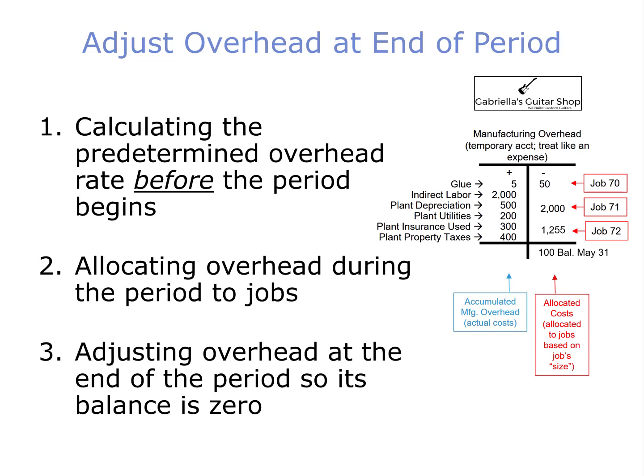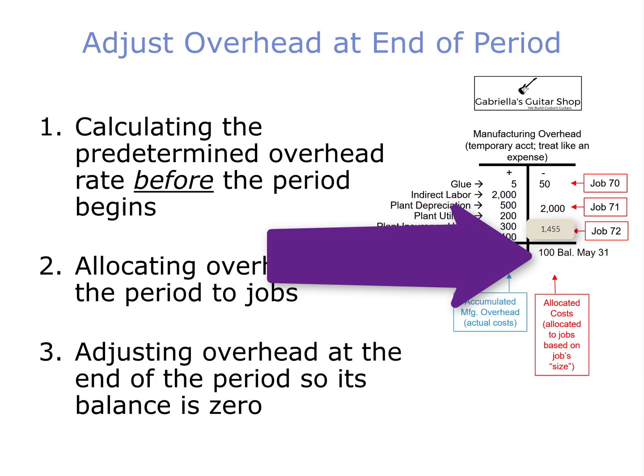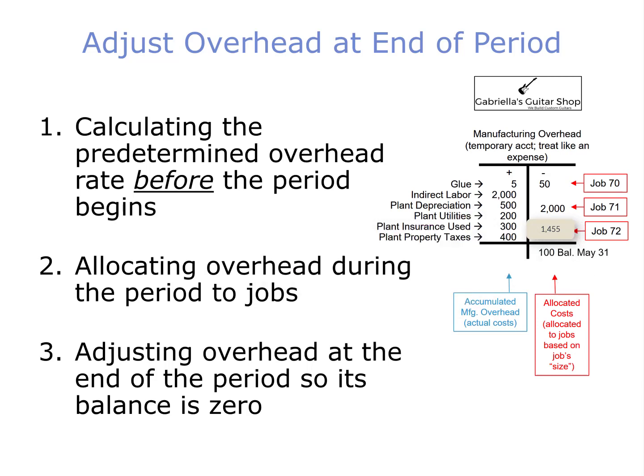Now you may be wondering, what if some of the numbers changed and we had a credit balance in the overhead account at the end of the period instead of a debit balance? That means our estimate was off, which it almost always is, but in this case we overallocated our overhead. So once again we need to zero out the account.